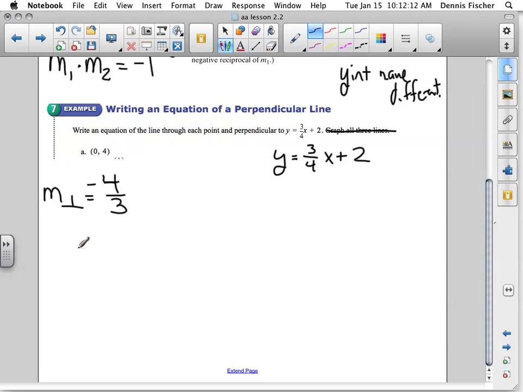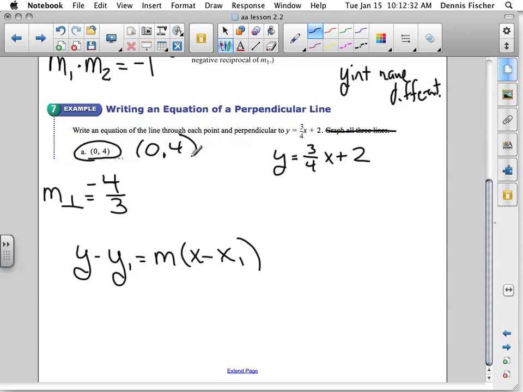If I was going to do this equation now, I'm going to use the point slope form: y minus y1 is equal to m times x minus x1. Now my point is right here, which is 0,4. And here's my slope I want to use that's perpendicular.